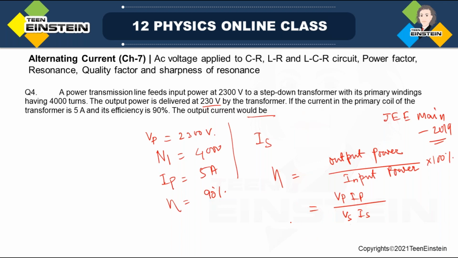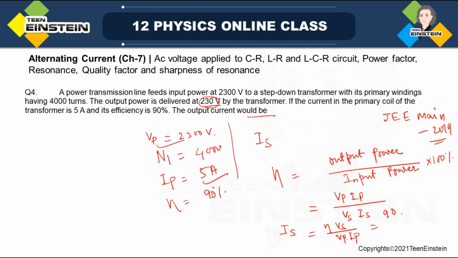That means I have to find IS, which is equal to eta into VPIP divided by VS. You look here, IP is given as 5 ampere, VP is given, and VS is also given, that is the power delivered at this much voltage, and efficiency is also given.